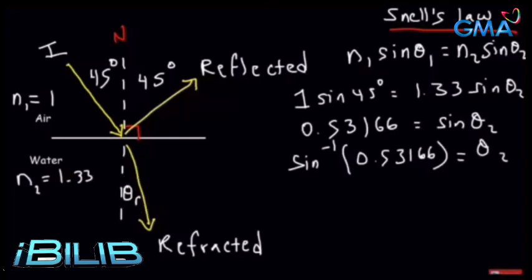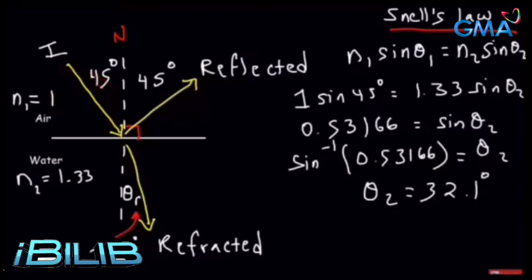And that will give us theta 2, which is the angle of refraction. So if you type in arc sine 0.53166, it'll give you an angle of 32.1 degrees. So that is the angle of refraction.